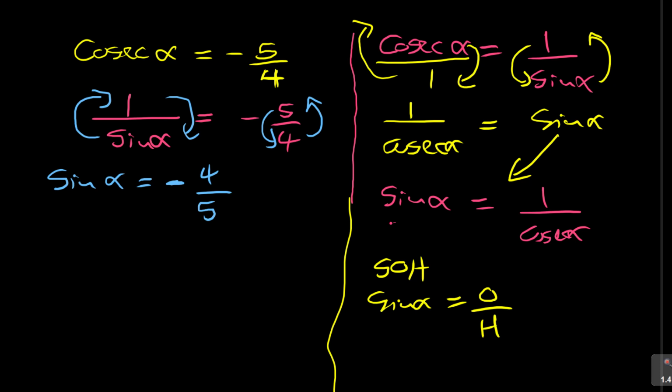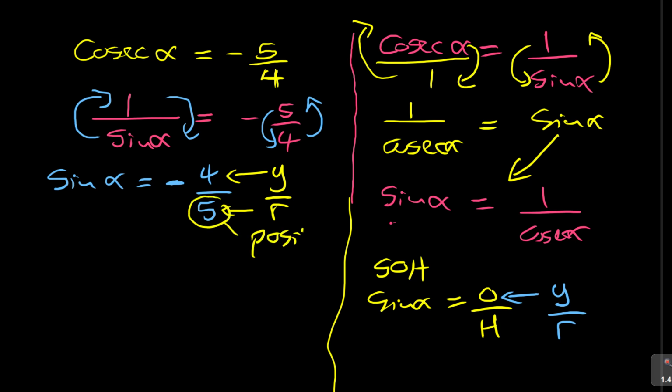And you need to remind yourself what is opposite. It's y over r, where the hypotenuse is r. Meaning, even here you will have 4 representing the y, and you'll have 5 representing the r. So it's the same as saying y over r. And 5 is always positive, because it's according to the triangle you're going to have.